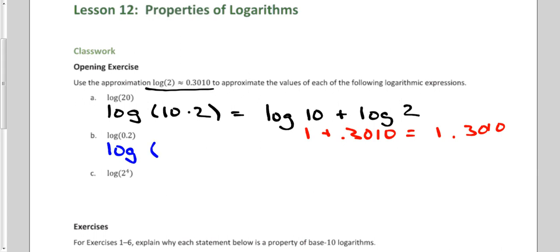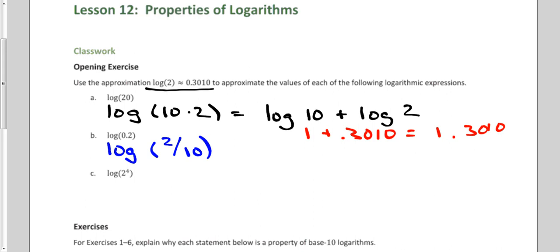Or should I say 2 divided by what? How do I read 0.2 if I'm not using the language of 0.2? 2 tenths, right? So how do I write 2 tenths? 2 over 10. 2 over 10 or 2 divided by 10?